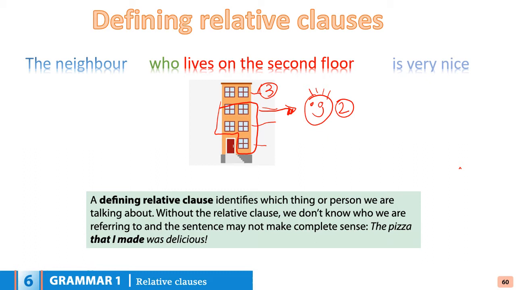If we don't say anything, I don't know, it could be the neighbor of the second floor, the first floor, or the ground floor. We don't know. Without the relative clause, we don't know who we are referring to, and the sentence may not make complete sense. The pizza that I made was delicious. Okay.